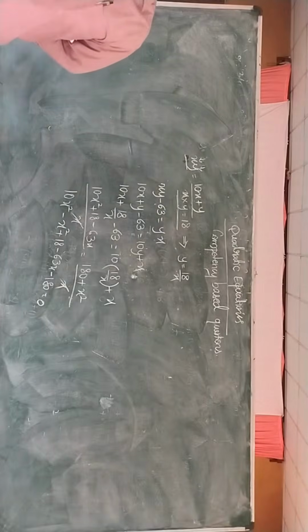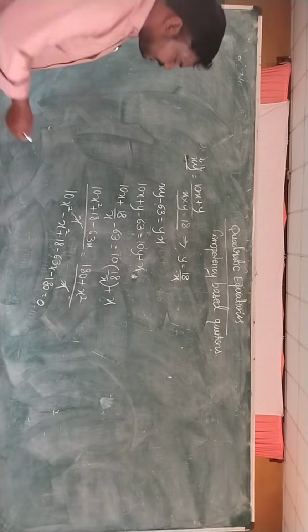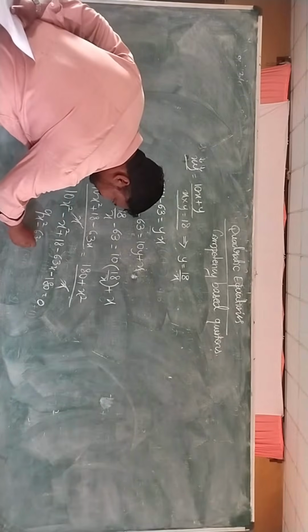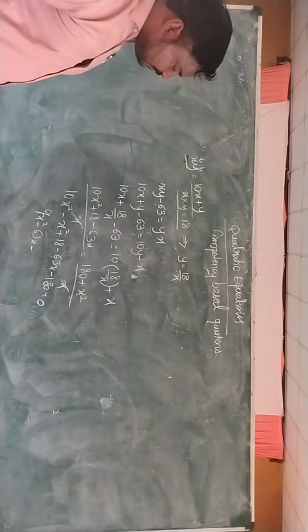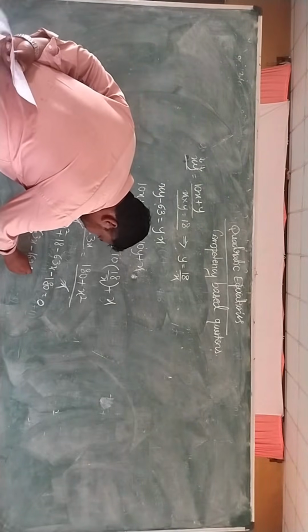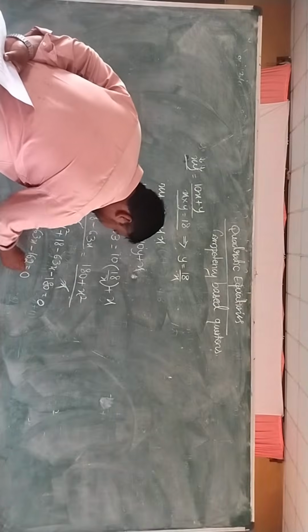Note down this. So 10x minus 9x square minus 63x minus 180 plus 18, which is minus 162, is equal to 0.